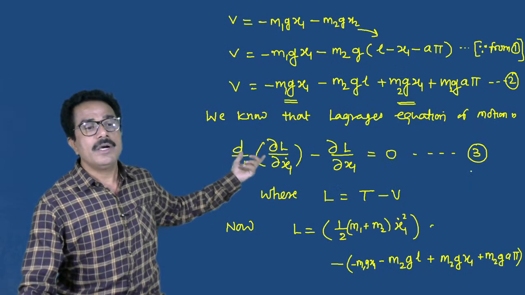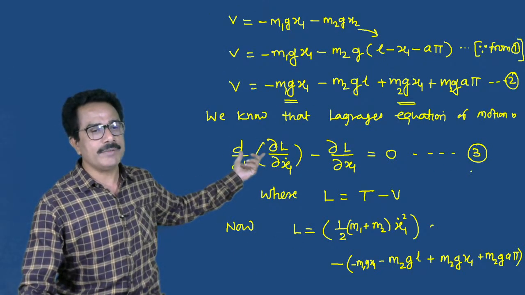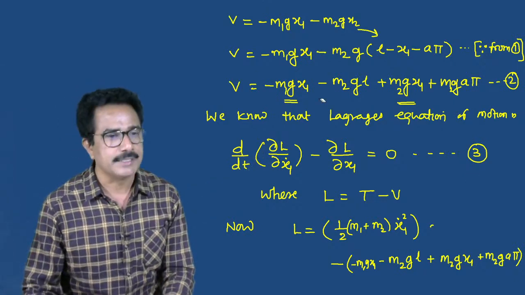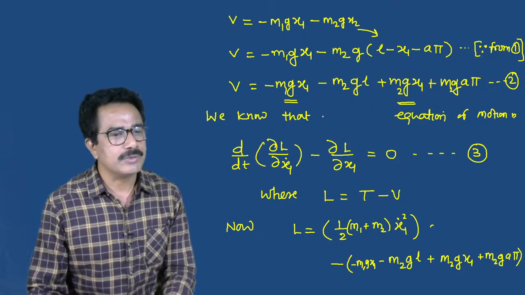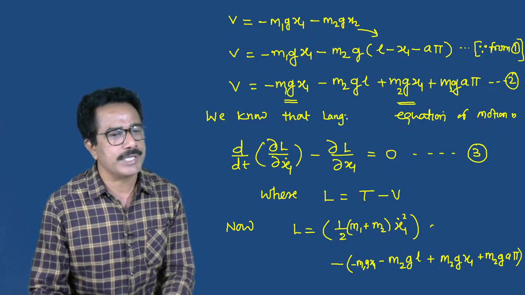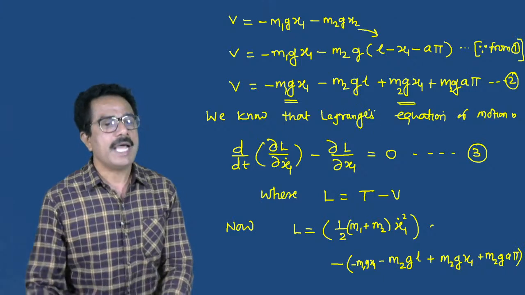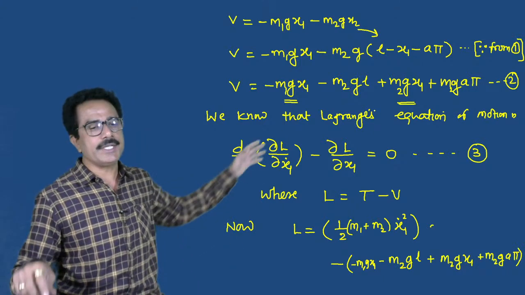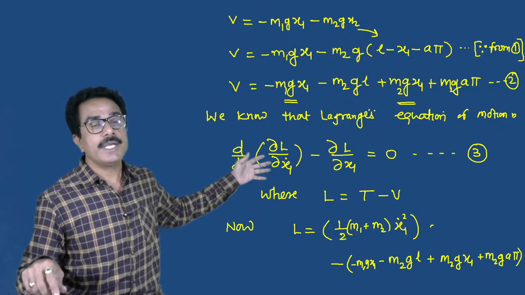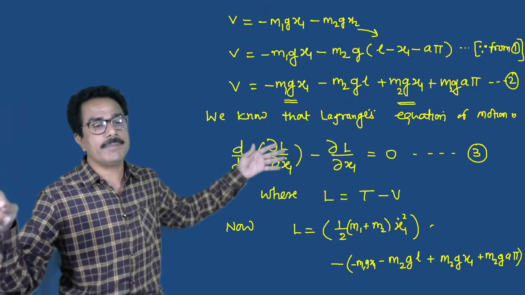So according to the Lagrange's equation of motion, d by dt of dou L by dou x1 dot minus dou L by dou x1.